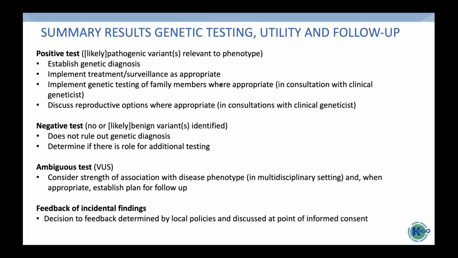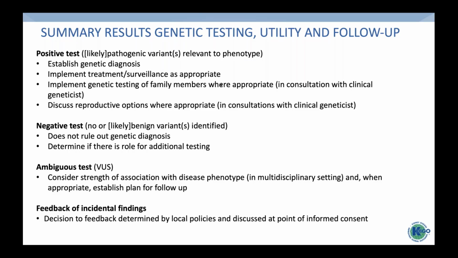So summarising the results and genetic testing utility and follow-up, as we mentioned earlier, there's the positive test result, which establishes the genetic diagnosis and is a result of likely or pathogenic variants related to the phenotype of this specific patient. Things to consider here as well are implementing treatment and surveillance if and as appropriate.